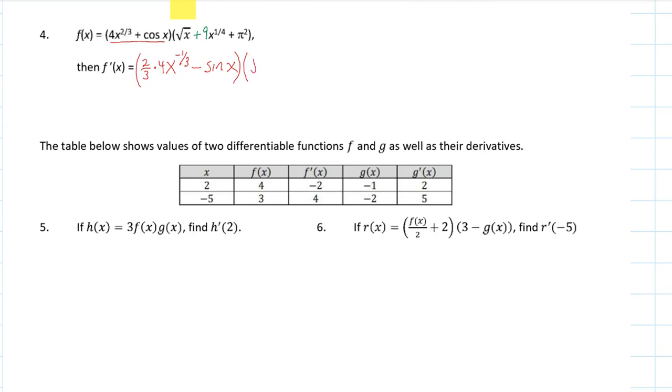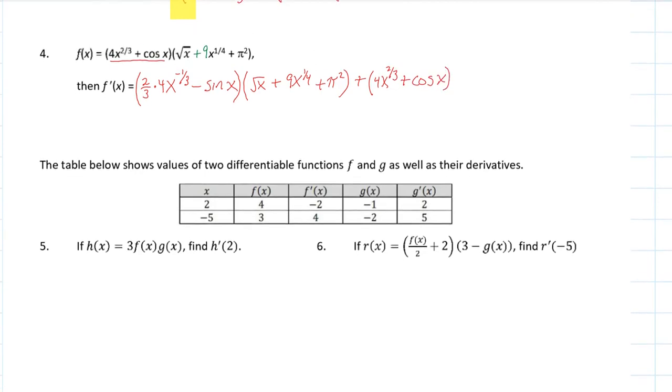So this is going to be the square root of x plus 9x to the 1/4 plus pi squared. All right, now we go plus, and then we need the first one back again. 4x to the 2/3 power plus cosine of x, and now I need the derivative of the second.